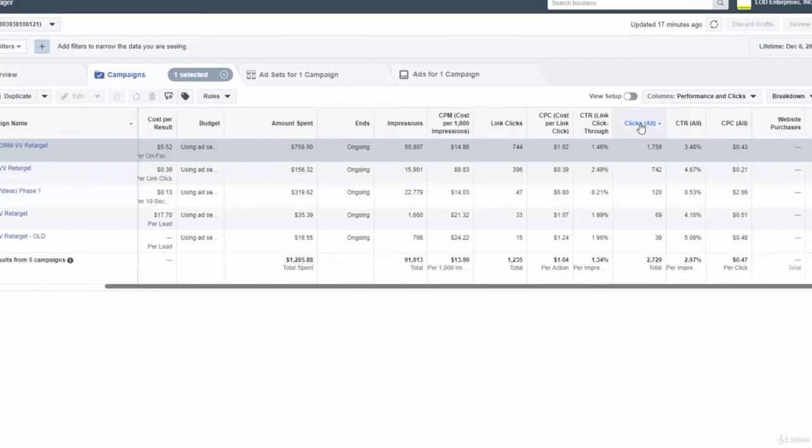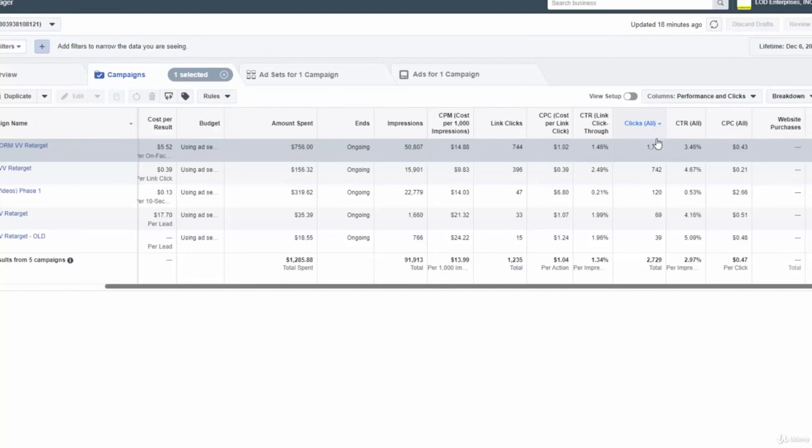And then here in the "all" sections, okay, this is pretty much any kind of clicks anywhere. So this is all types of data as far as anybody just clicking on the ad. They want to click on the read more if there's long form copy. Same thing here. This is counting all of the clicks, the click-through rate, cost per click. And so this is a totality of a number of different factors, and it's not necessarily the real accurate data.